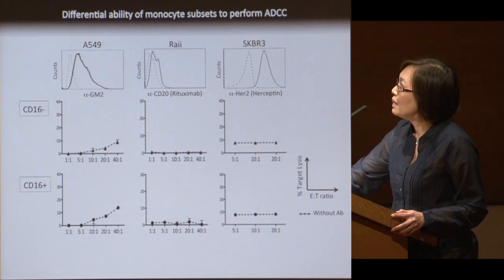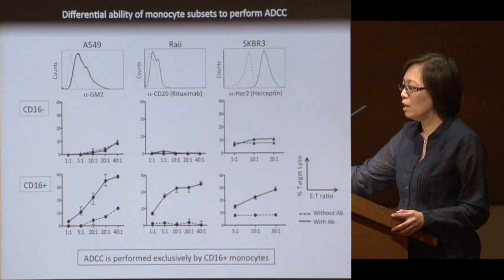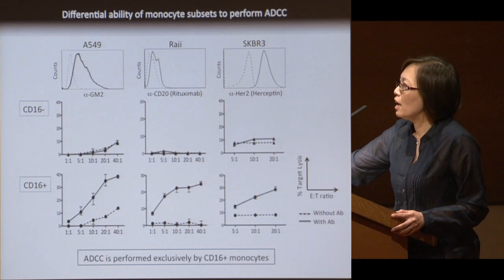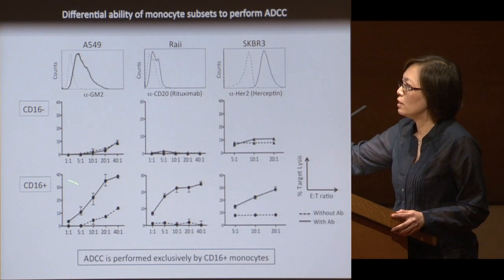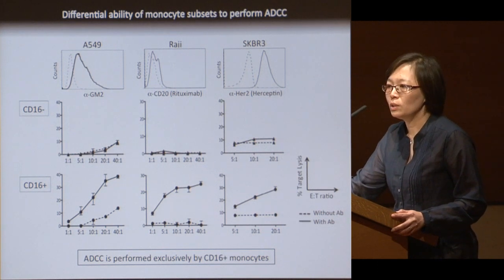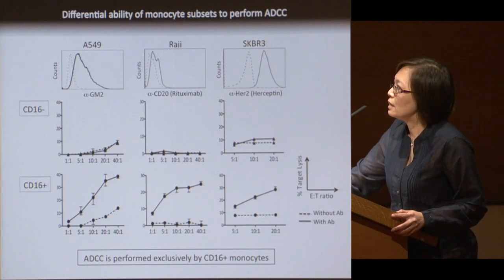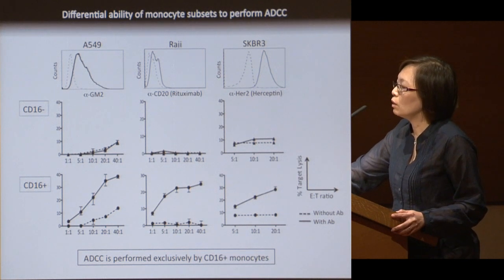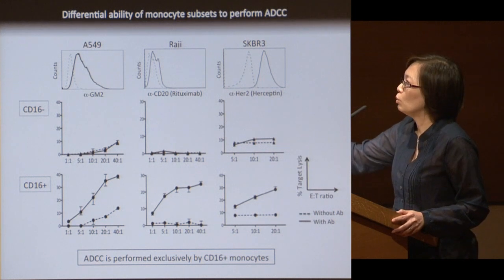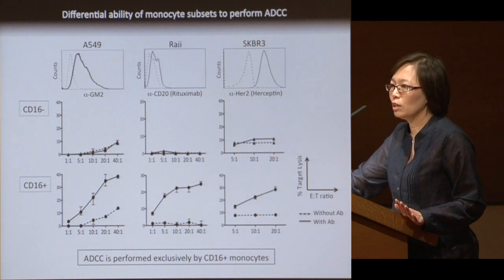However, when these tumor cells are coated with the respective antibody, then we see a very different picture. We see a huge increase in the ability of the 16 positive cells to now lyse the antibody-coated cells in all the 3 models. And interestingly, for the 16 negative cells, whether coated or not coated with the antibody, we do not see any difference in the ability of these cells to kill.